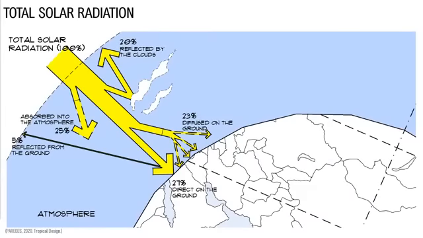Okay. So the total solar radiation, let's say 100%. About 25% is absorbed into the atmosphere. So the farther away you are from the sun at an angle, the more solar radiation is absorbed by the atmosphere. Okay, and about 20% are reflected by clouds.